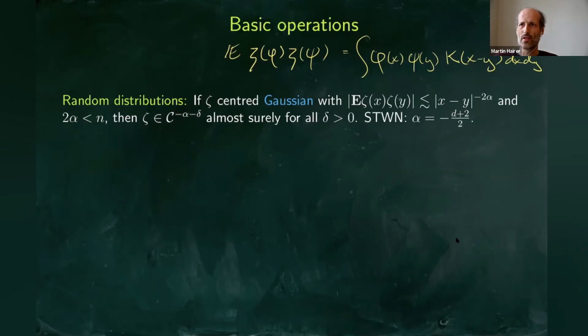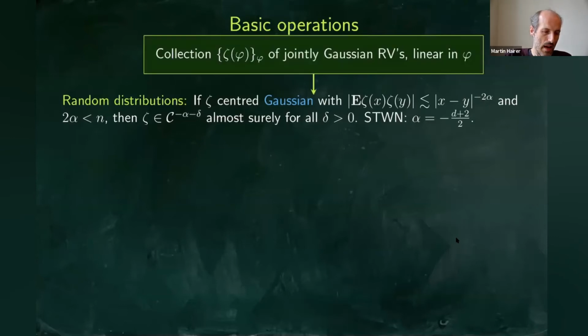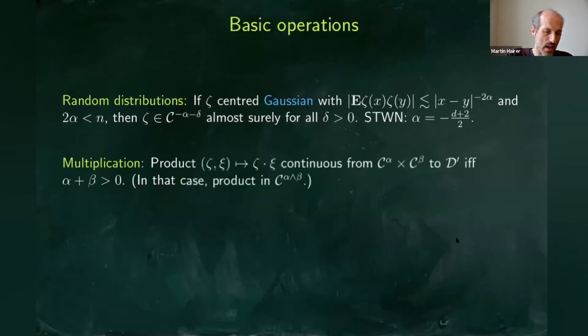And so you can ask yourself, is it possible to square such a thing? It turns out that in general, you can't. That's what I mentioned last time: from an analytical point of view, for which alphas and betas is the product a continuous map on C^alpha times C^beta?